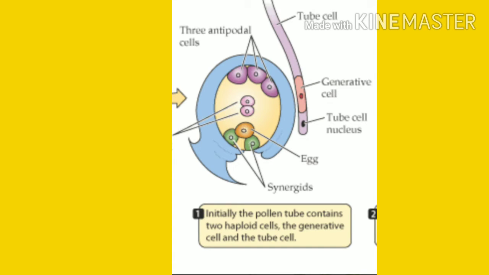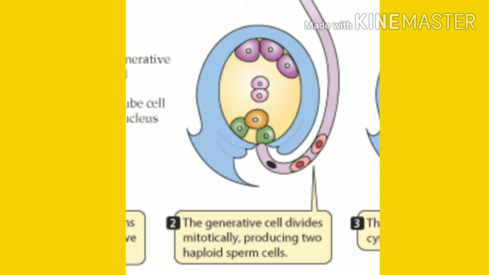Then the pollen tube contains two haploid cells, the generative cell and the tube cell. The generative cell divides mitotically, producing two haploid male gametes, or sperm cells.